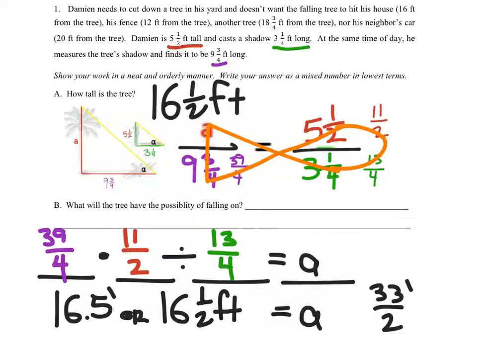That it could possibly fall on. So the first thing that I notice is it could fall on, looks like, his house, which is less than 16.5 feet away. It could fall on his fence as well, which is also less than 16.5 feet. It wouldn't fall on the other tree, and it wouldn't fall on Damien's or his neighbor's car, because those are too far away. So it looks like it's just his house and his fence.